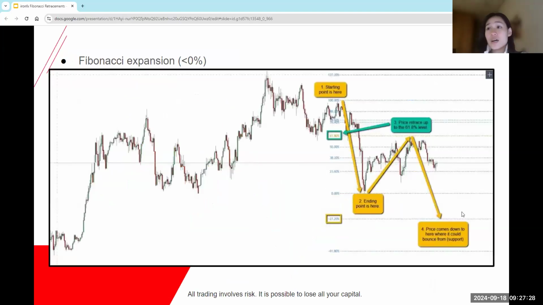Okay, next, I'll just briefly go through expansion, but we'll get more in depth into this in the next few webinars. So for expansions, we're actually looking at the levels that are less than 0%, so the negative levels, and also for expansions, we typically look out for this kind of lightning bolt shape.